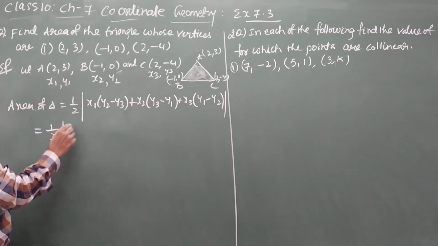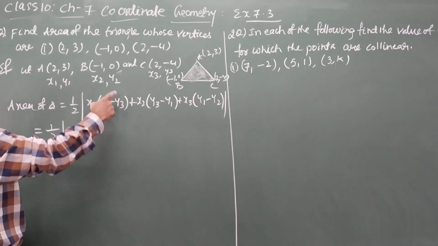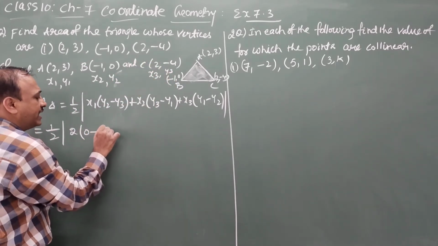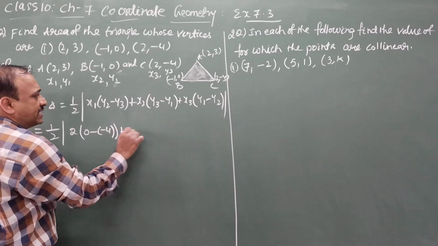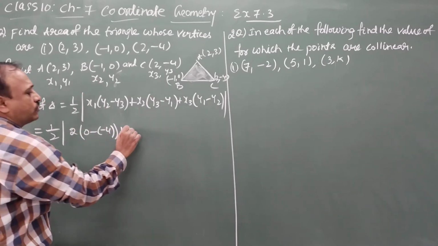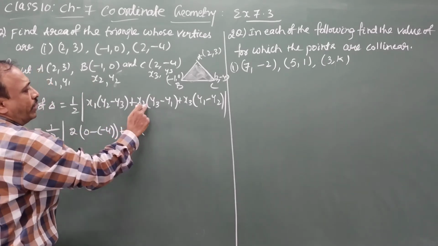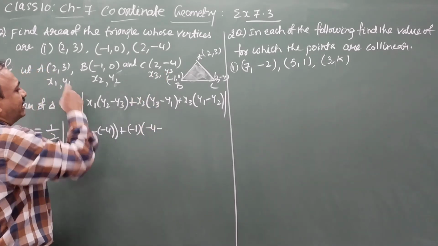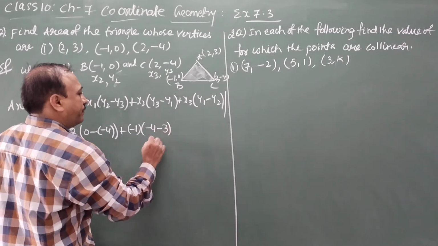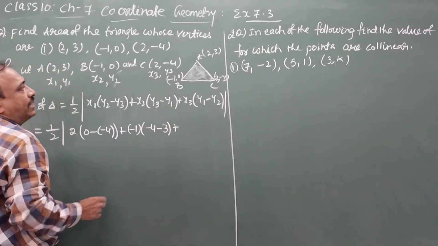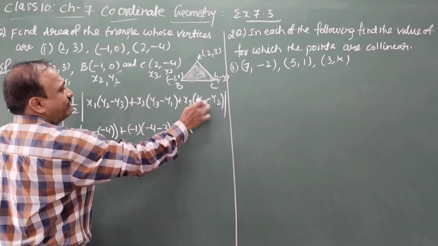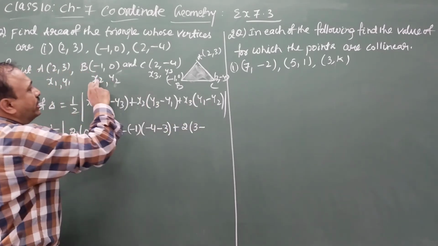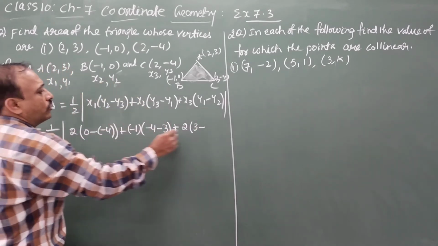What is x1 from this? 2 into (y2 minus y3): y2 is 0 and minus 4 gives 0 minus (-4), plus x2, whose value is -1, into (y3 minus y1): y3 is -4 minus y1 which is 3. Then plus x3, whose value is 2, into (y1 minus y2): y1 is 3 minus y2 which is 0.